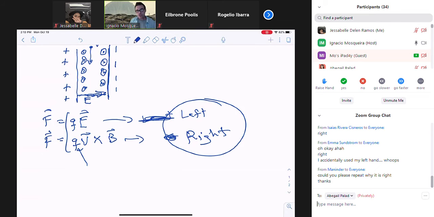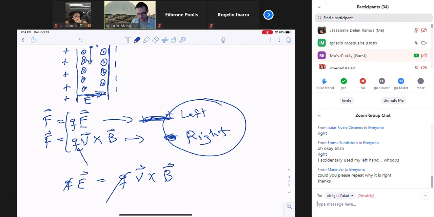So now let's try to see, could I keep the electron without a force? If there is no force, then it would just continue at constant speed doing what it was doing to begin with. So if I'm going to cancel out the forces, that would be to say that QE equals QV cross B. So that cancels out.